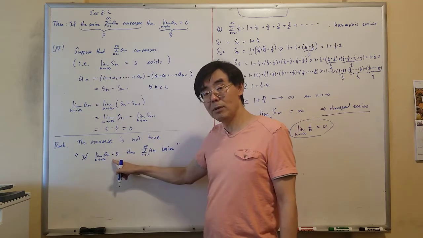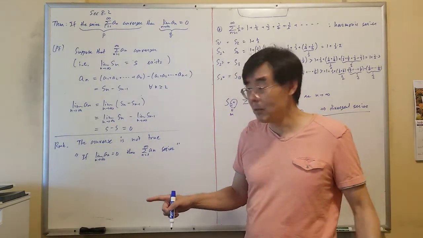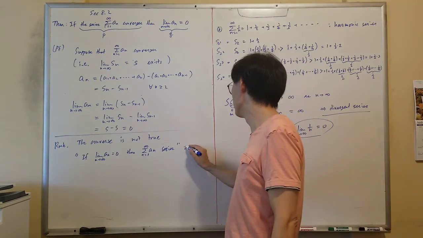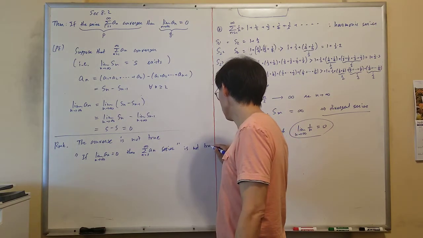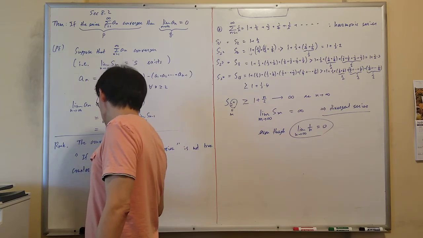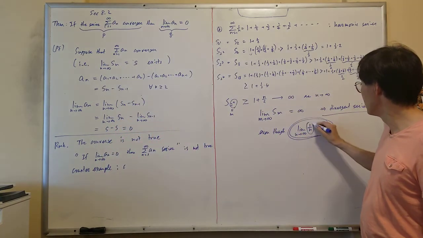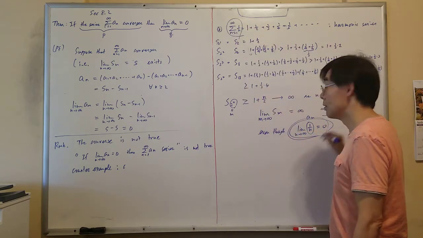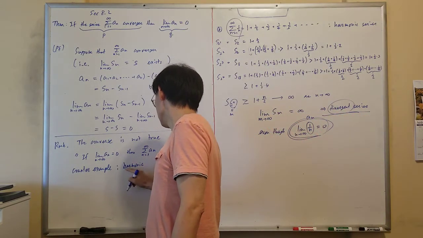It is so tempting to believe that if a_n goes to 0, you're adding almost 0 each time, it must be convergent. No, it's not true. Some of them, yes, true, some of them are not, so it's not true in general. Counterexample. Just learn it. Even though a_n approaches 0, the whole series is divergent. Okay? Harmonic series. The harmonic series is a counterexample.